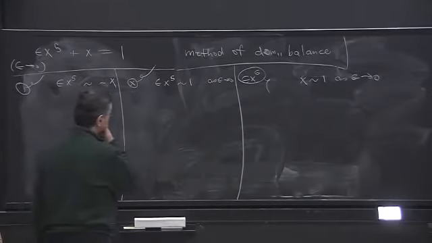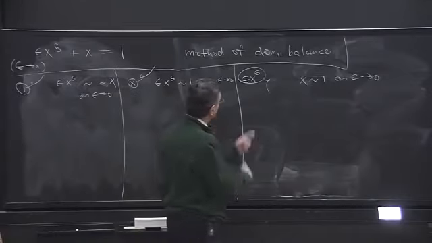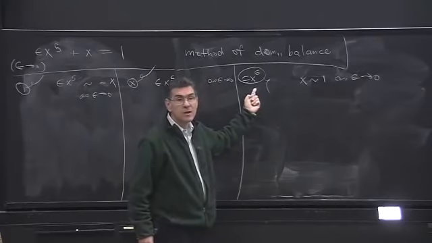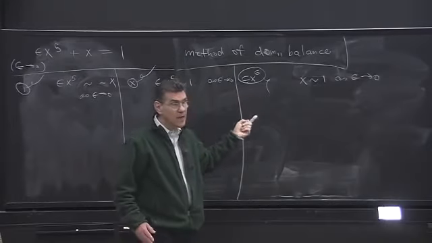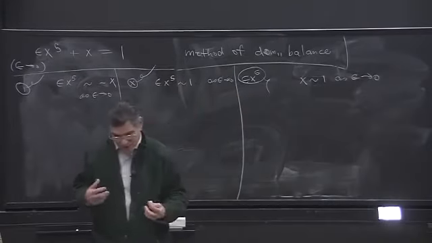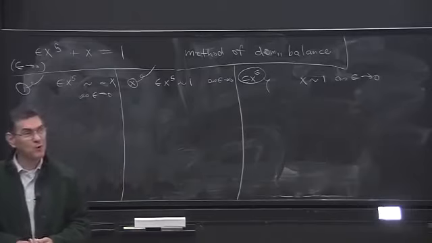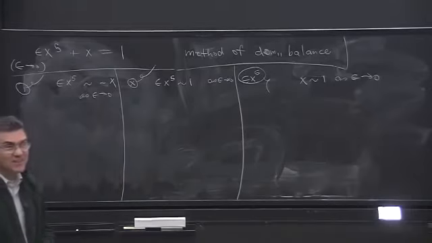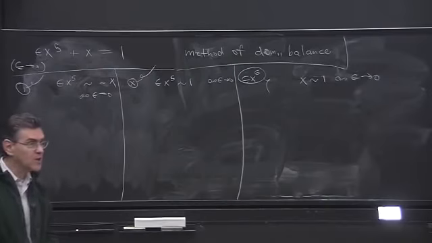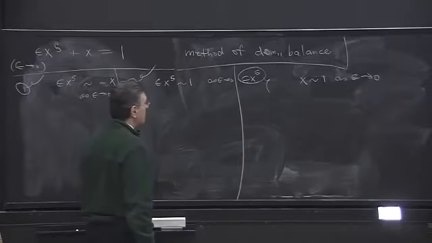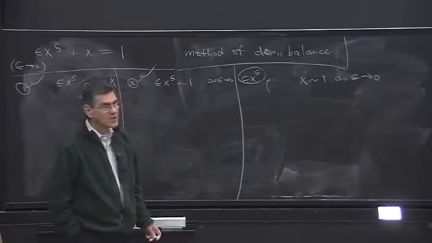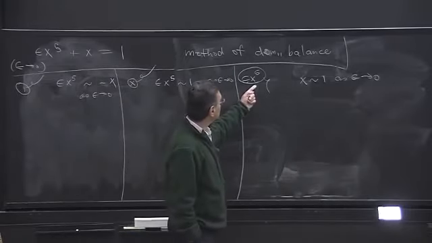Let's see. What about this one? Is this a correct statement? Well, asymptotics is self-referential. Do you like self-referential statements? It's very hard to prove things with asymptotics, but it's very easy to verify things. So take this statement.